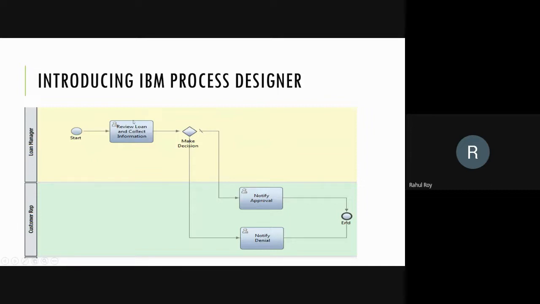That is the reason why this activity has been placed in this way. Whereas notify approval and notify denial, these two activities have been added in the customer representative lane, so that these two activities can be managed only by this team, customer representative, right? So we'll discuss more on this in our lab sessions.